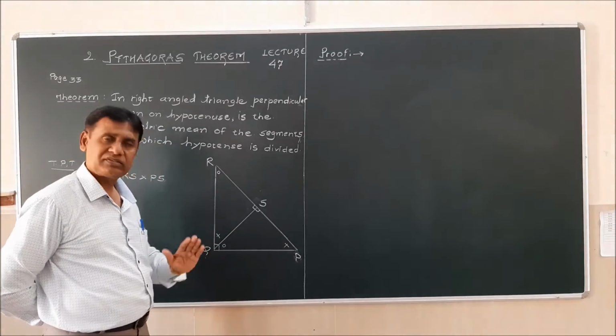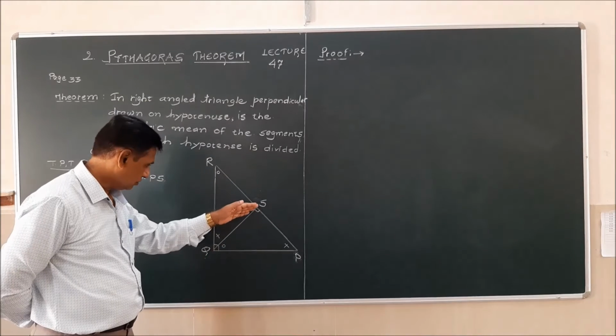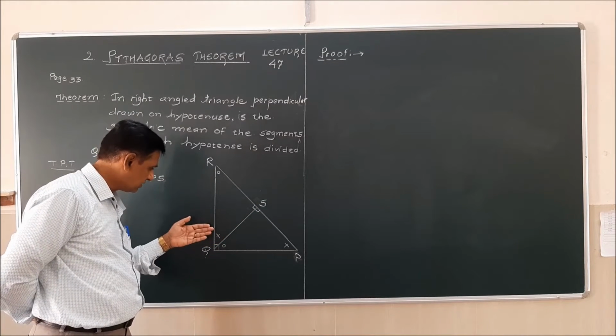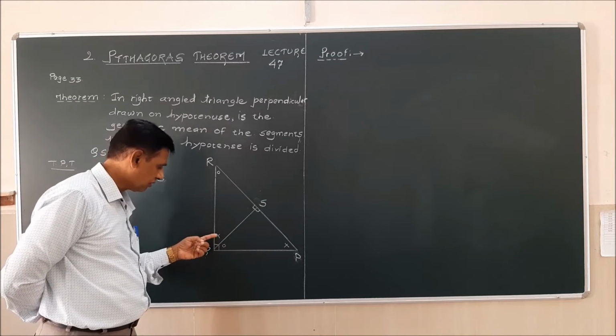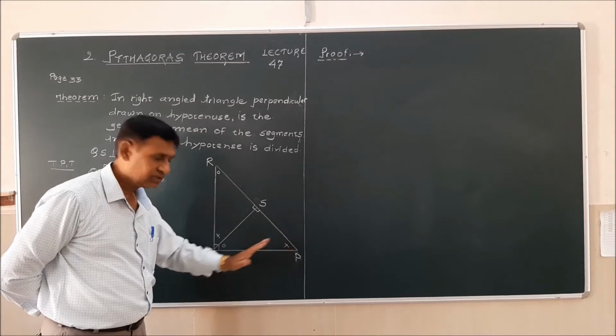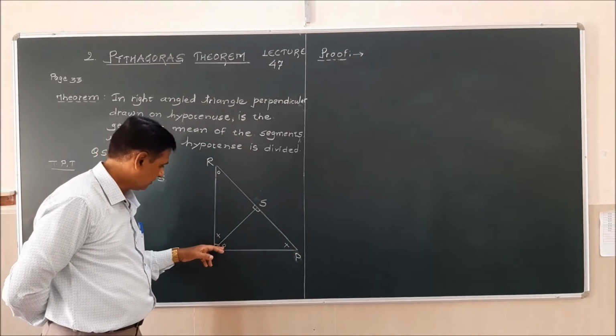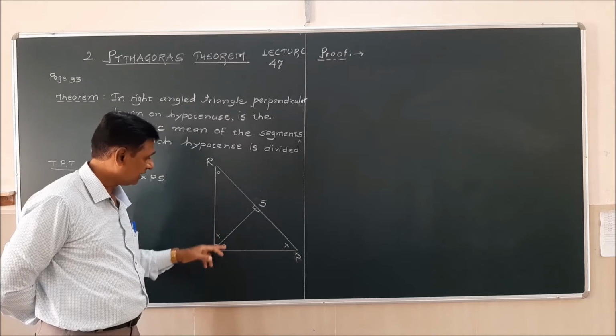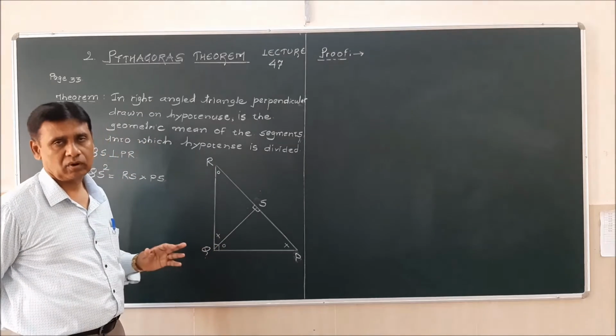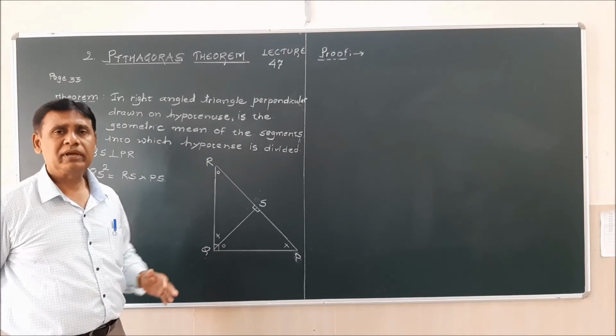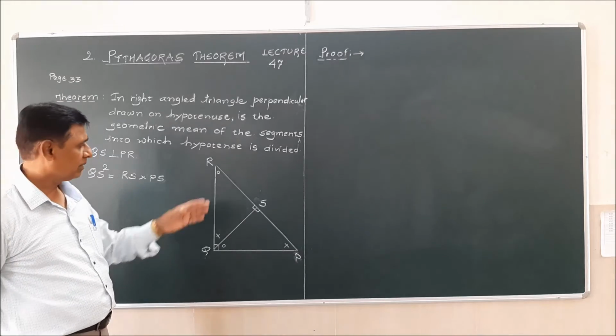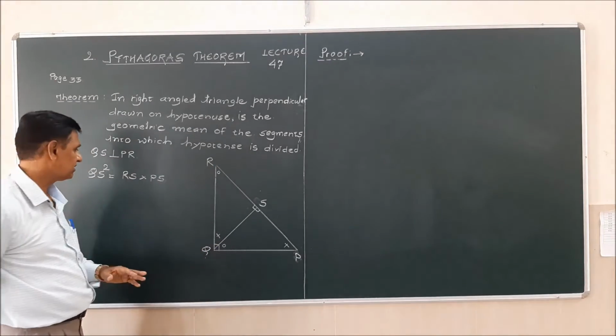So this marking is very important. If you take a cross, on the other side you have to take a cross. If you take over here this symbol, the same. If you remember these things, then it becomes very easy.